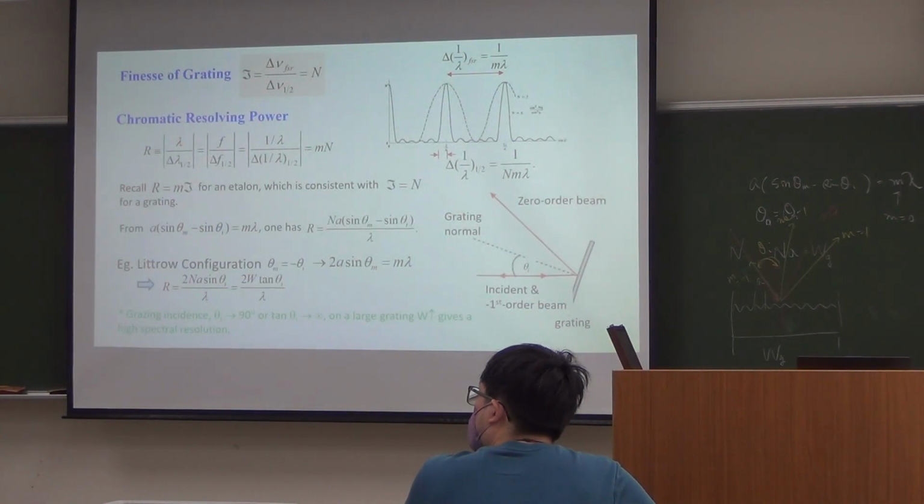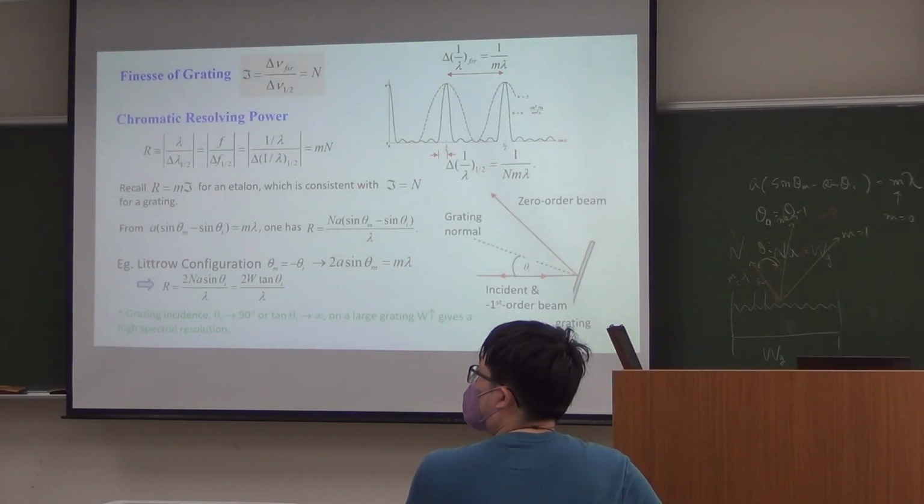But if I increase the incident angle, the diffraction efficiency, the intensity becomes weaker and weaker because diffraction efficiency becomes poorer. Okay. For example, I'm doing grazing incidence right now. You see the intensity of the dot reduced quite a bit.